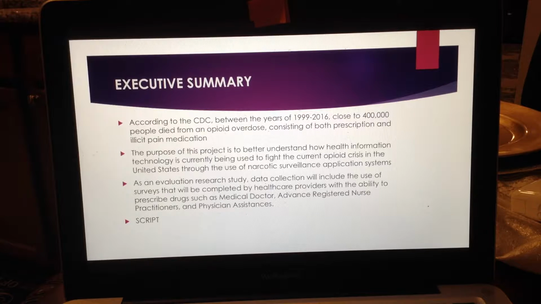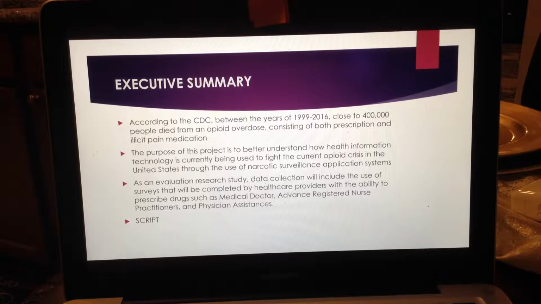Over time, patients are becoming more dependent on these drugs. It is a rapidly growing problem in the United States and is currently being considered an epidemic by the CDC, the Centers for Disease Control.